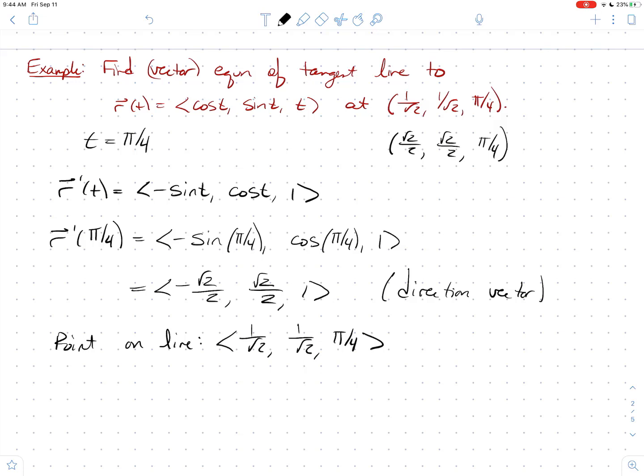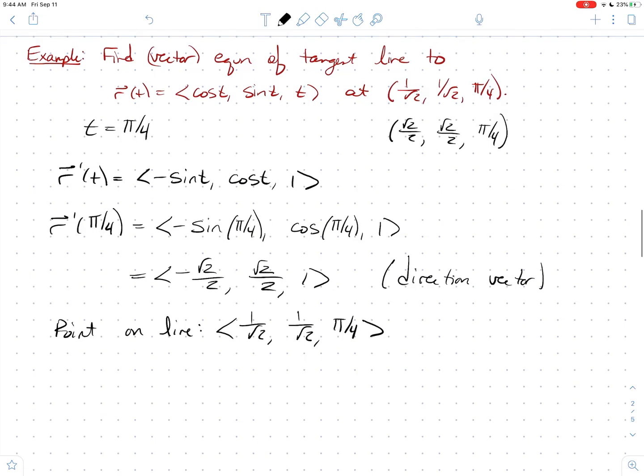And at this point, you're just literally writing down the equation of a line. That's it. I'm going to use a different letter. I'm going to use curly L. I don't want to use r, which we usually use for lines, because I've used it here. So L of t is, here we go, 1 over root 2, that's this one. And then you say plus this times t. So minus root 2 over 2 times t.